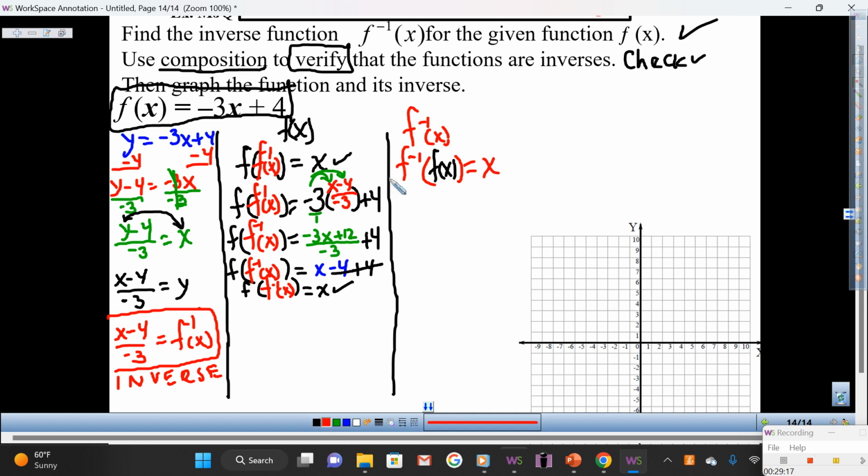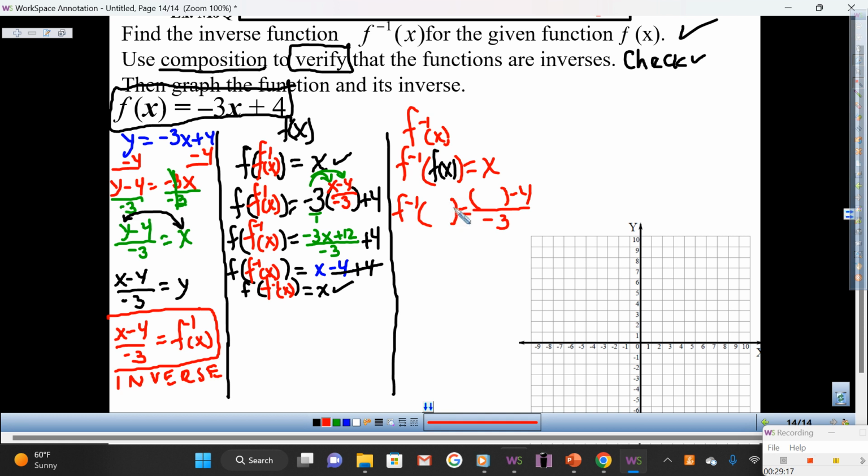So I'm going to write the original inverse of x. Here's my inverse right here. Down here, do you guys see it? So I'm going to write this one over here. F inverse of x equals x minus 4 over negative 3. Does everybody see this one over here?